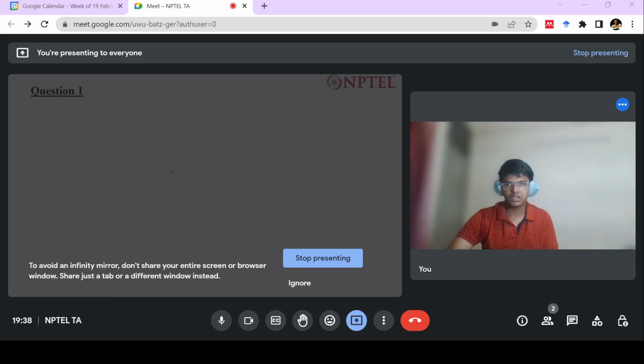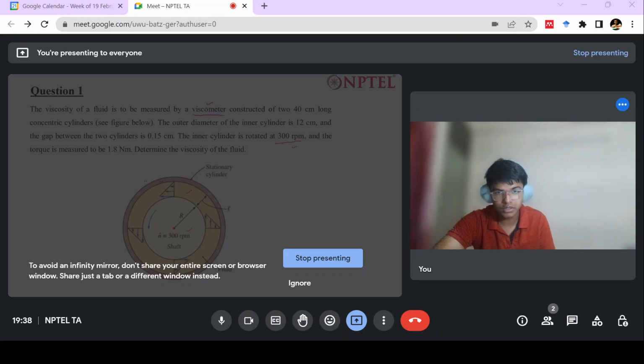Here, it is mentioned that this gap is very small compared to R. So L is small compared to R. We can also see from here that the outer diameter of the inner cylinder is 12 centimeters, so the radius is 6 centimeters, and the gap between the cylinders is 0.15 centimeter.